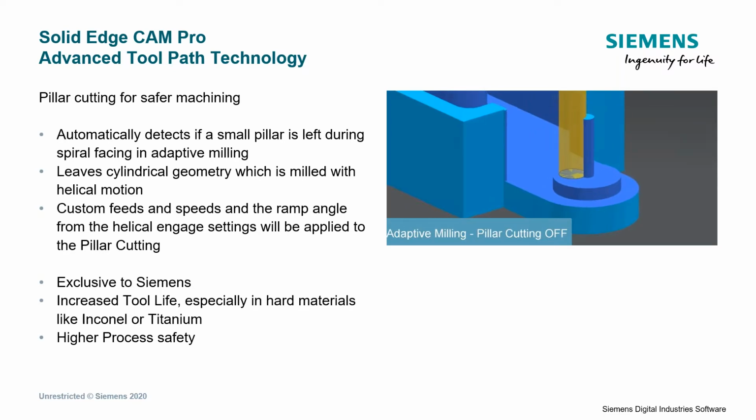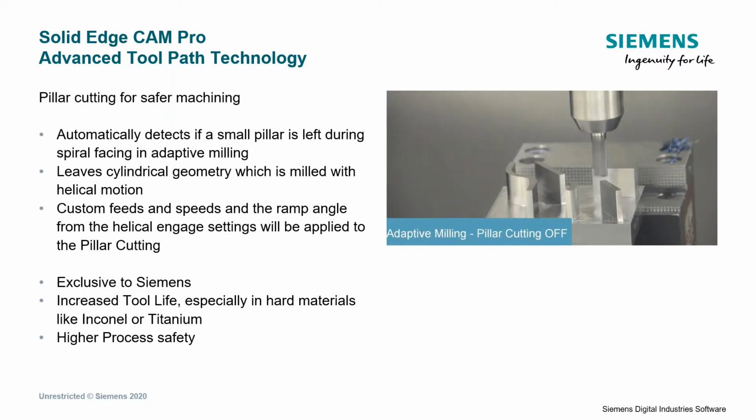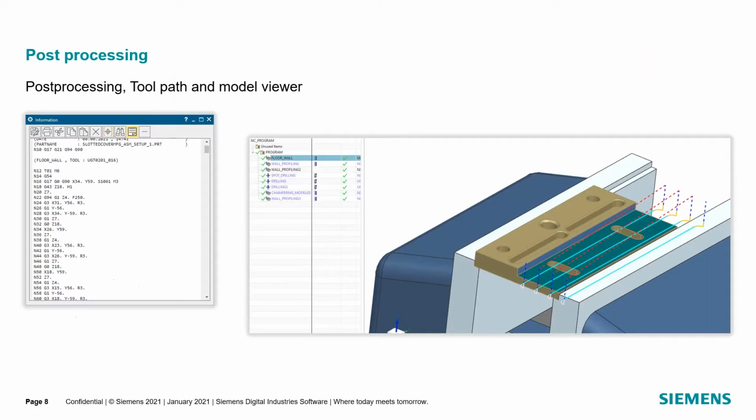We can even maintain the helical engagement, and then you can start increasing your productivity. So in a nutshell, most of these features are included as part of your adaptive milling technologies.